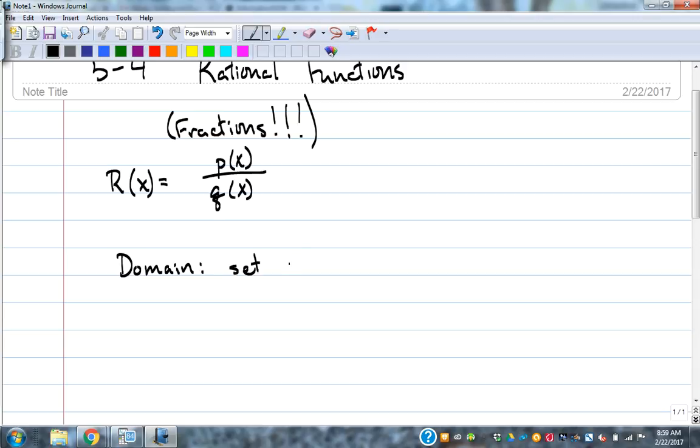Set what equal to 0? The bottom part. The denominator equal to 0. Okay, solve it. That's how you find the domain.